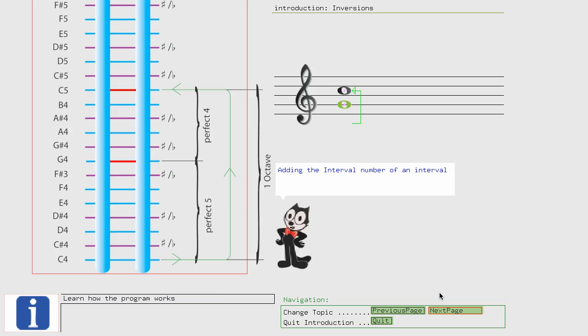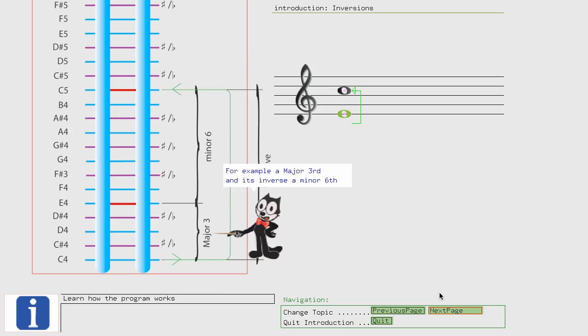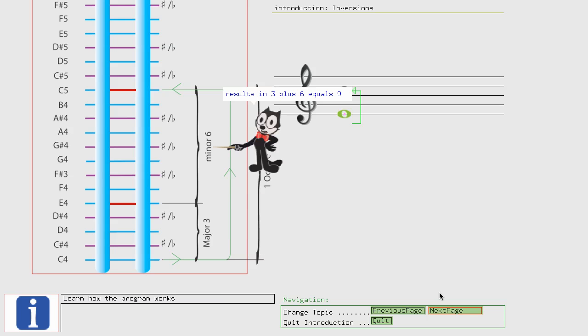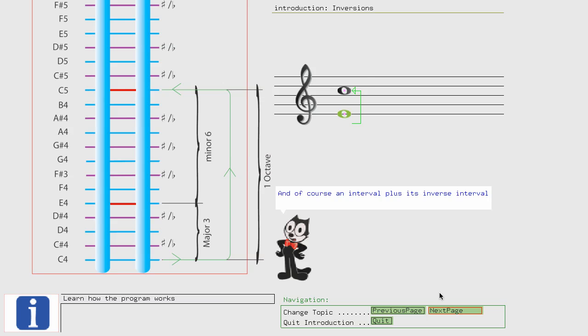Adding the interval number of an interval and its inverse interval number always gives 9. For example, a major third and its inverse, a minor sixth, results in 3 plus 6 equals 9. And of course, an interval plus its inverse interval always gives, by definition, an octave.